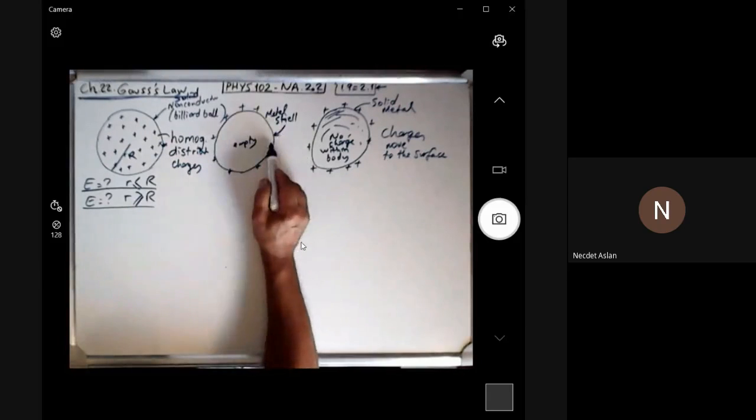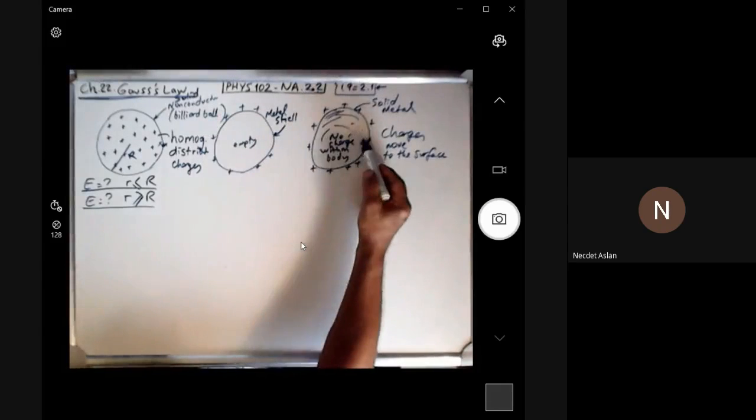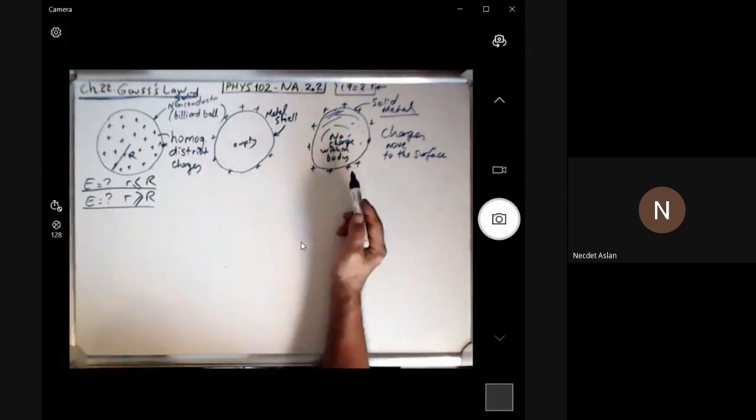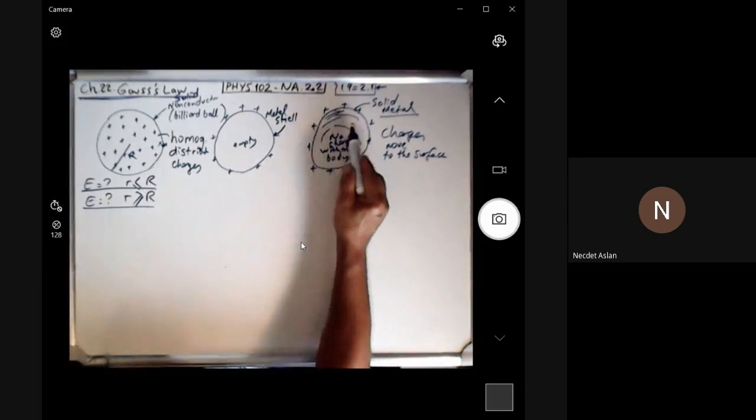If you have a metal shell, which is just the shell with the inside empty, it doesn't matter the shape, or you have solid metal, for instance a steel ball, so it's all metal everywhere.